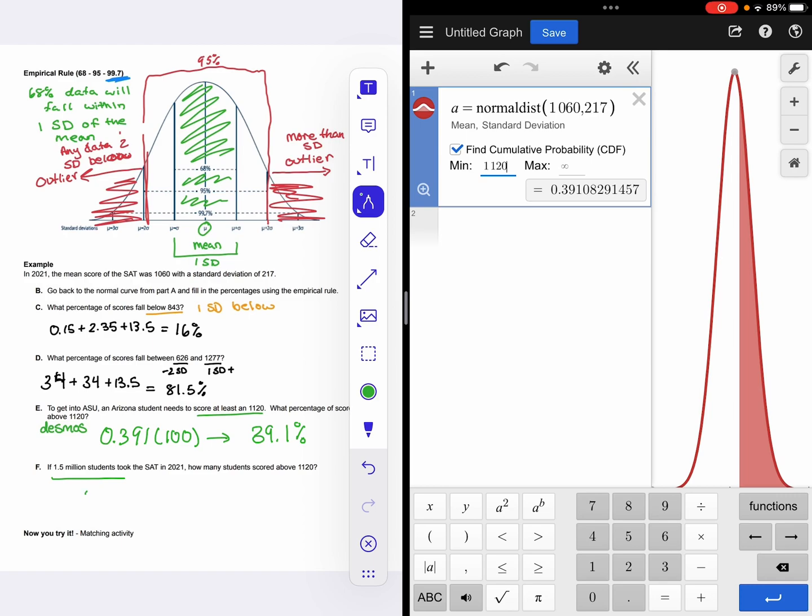If I have 1.5 million, that's 1500000, and then I multiply by the decimal form of my percent, I would find that 586,624 students scored an 1120 or better according to this normal distribution.